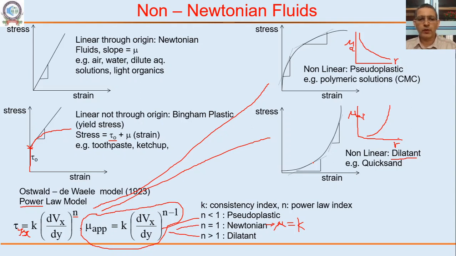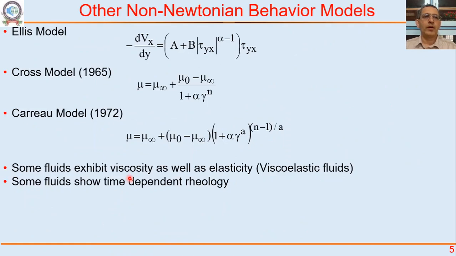Okay, let's go forward. Just like this power law model, there are other models as well that describe this behavior of stress versus strain. One of them is called the Ellis model, given by this expression, or the Cross model. Look at this Cross model. The Cross model has a viscosity behavior like this.